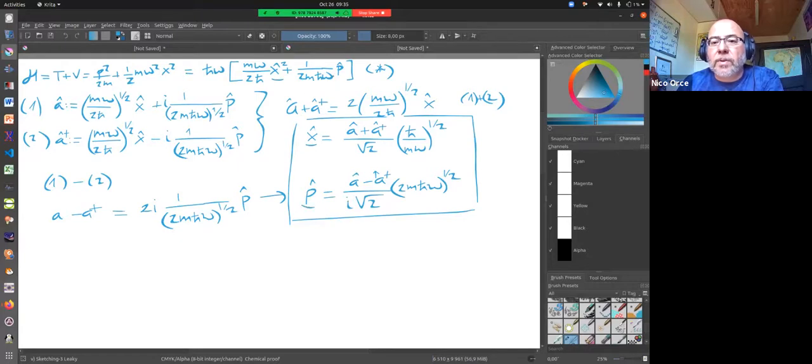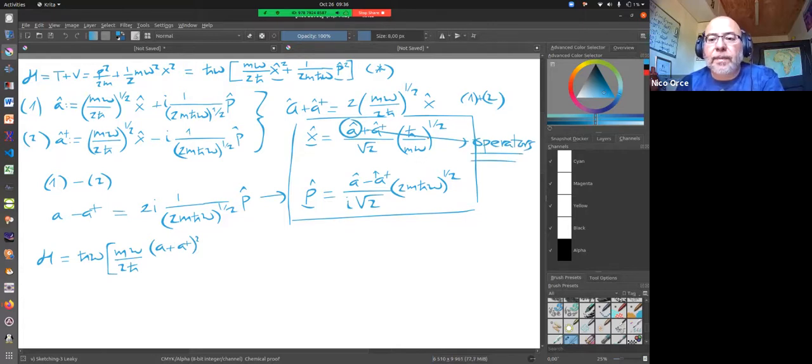So the Hamiltonian is equal to h bar omega, and we put M omega over 2 h bar, and now X squared, this guy squared, so it's A plus A dagger squared. I'm not going to put the hats, but remember that these are operators, and the operators have particular properties that we're going to investigate further in a little bit.